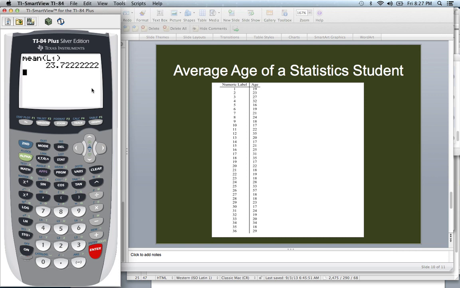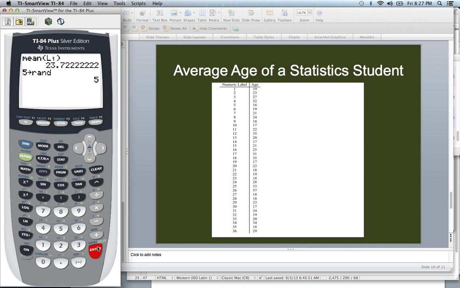I want you to follow along with me. We're just going to type 5. Everybody type 5. Press store. Go to math. Go to PRB and select number 1, rand, and then press enter.